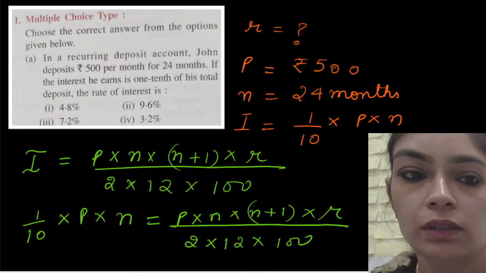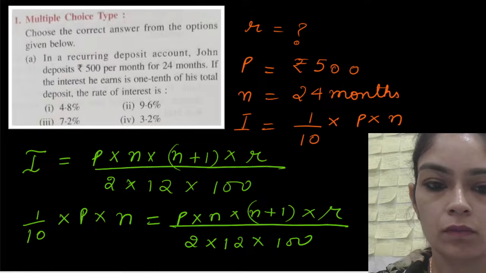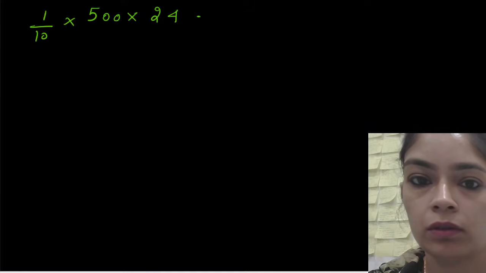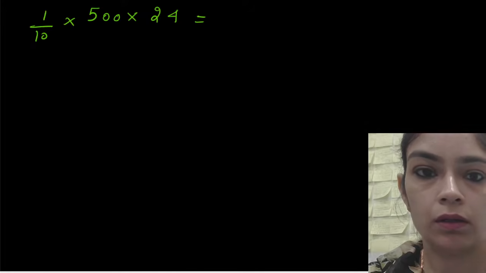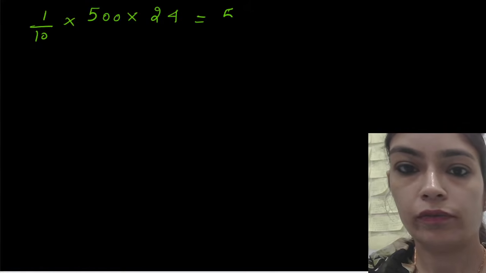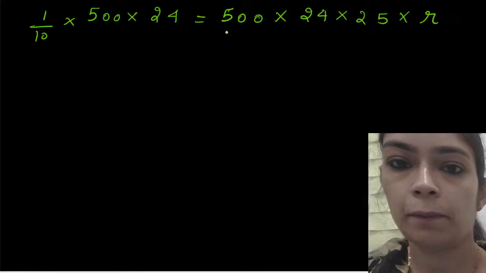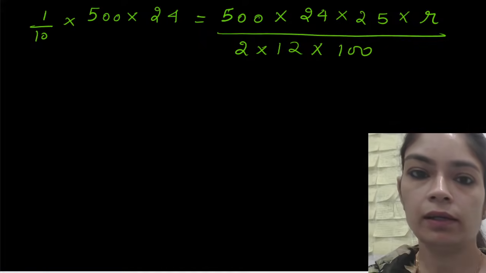Now we will be just substituting the values. 1/10, P's value is given to us as 500, N's value 24, so 500 into 24, see N plus 1 will become 25, R we have to find, then 2 into 12 into 100. I have just substituted everything here.